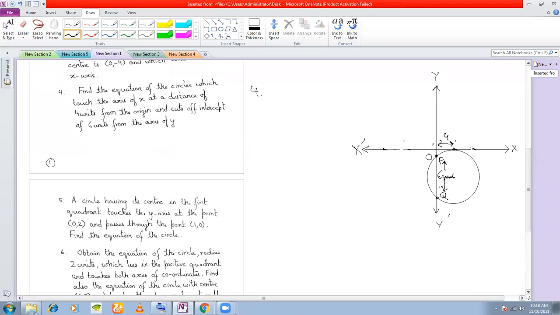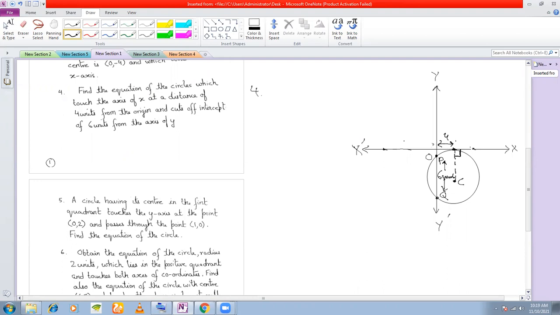Now see that if I assume the center of the circle, let's say the center is here. So what can I say about the radius of this circle? If I drop a perpendicular from here, the x-axis becomes the tangent.